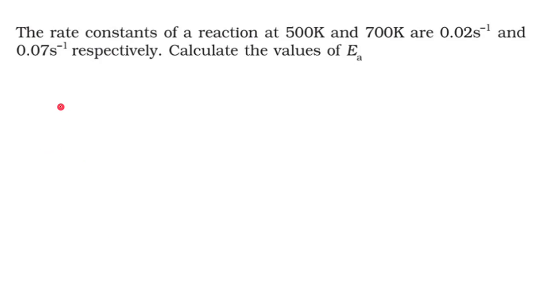First question: rate constants of a reaction at 500 Kelvin and 700 Kelvin are 0.02 per second and 0.07 per second respectively. Calculate the value of activation energy EA, right?